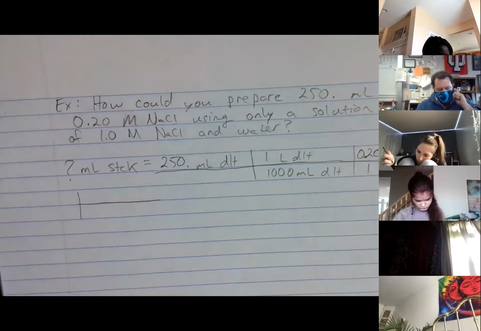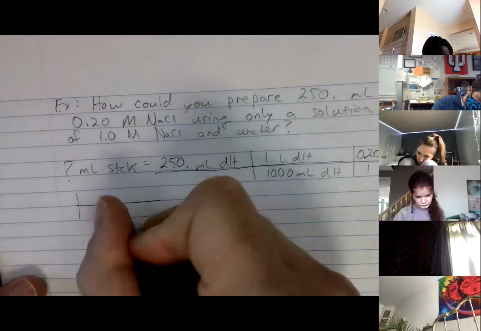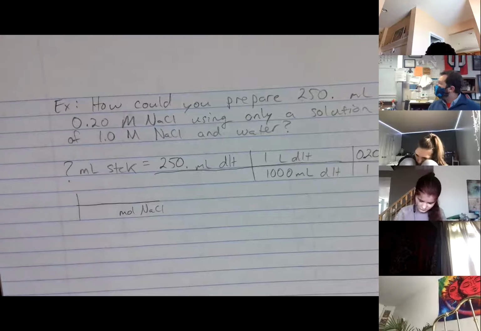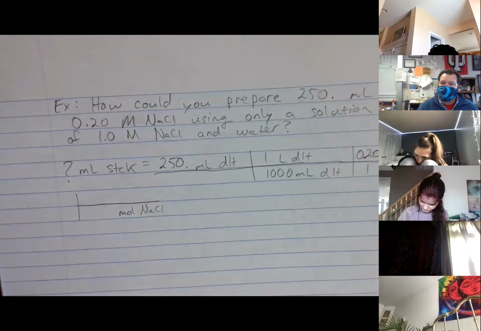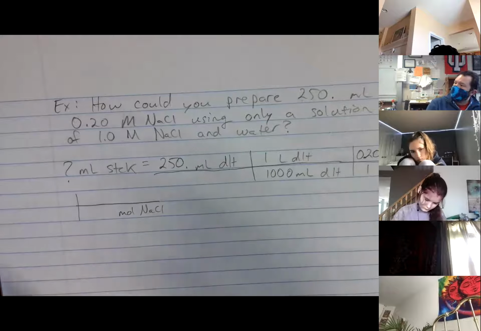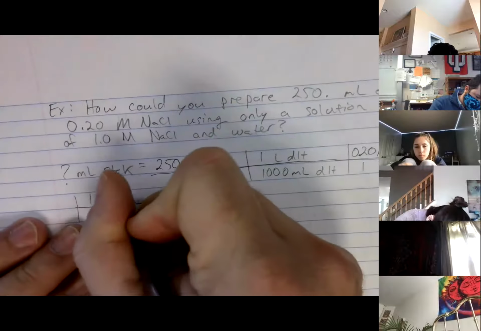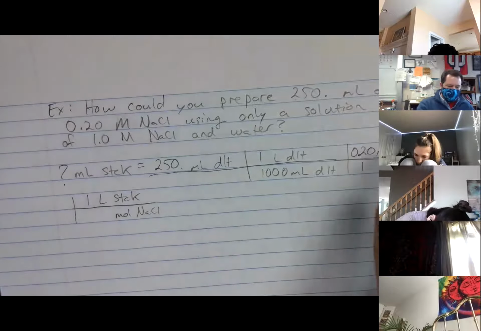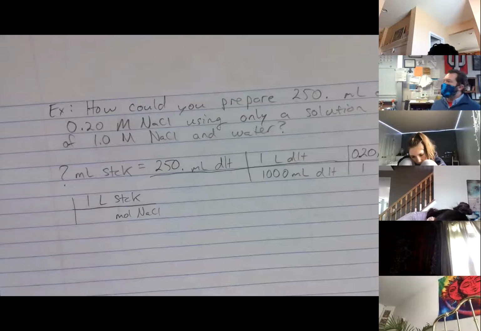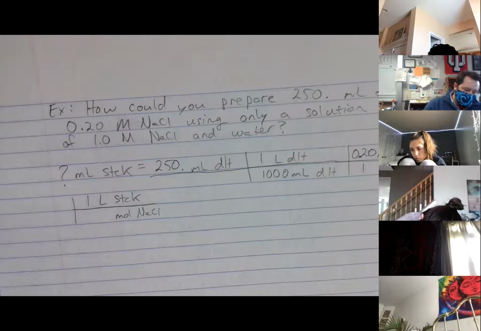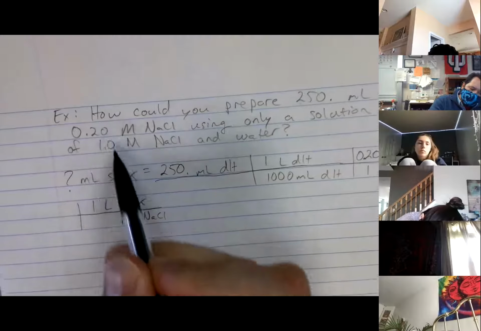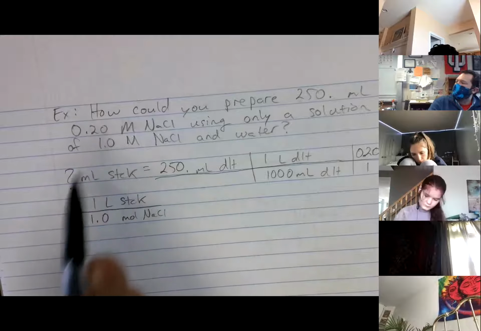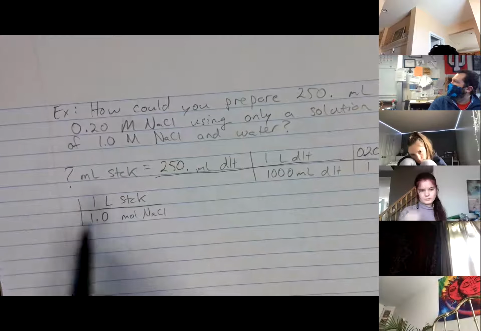All right, continuing on, the next line here, we know we need moles NaCl on the bottom. This time we can go from moles to liters, but not just liters, liters of stock. So we came from liters of dilution, now we go to liters of stock. We just have to know which one of these two represents our stock. It's the more concentrated one, so it's 1 mole per liter.